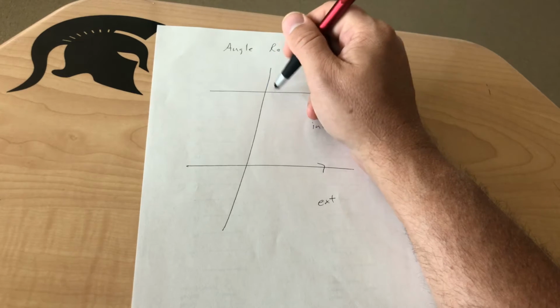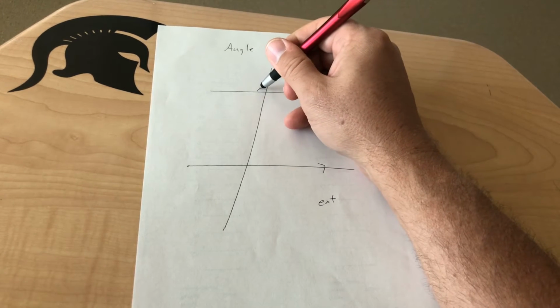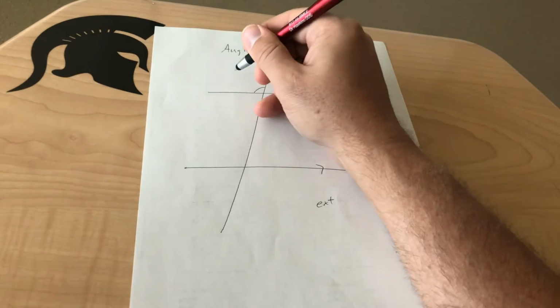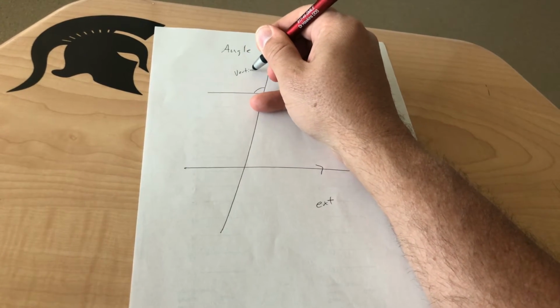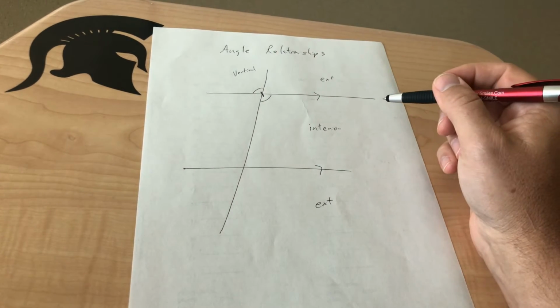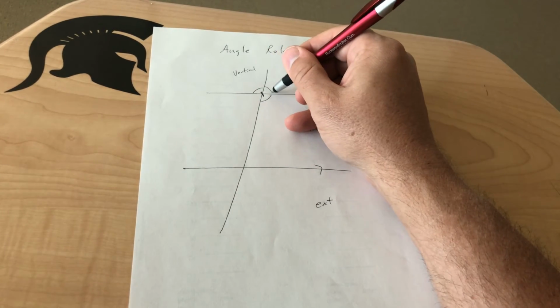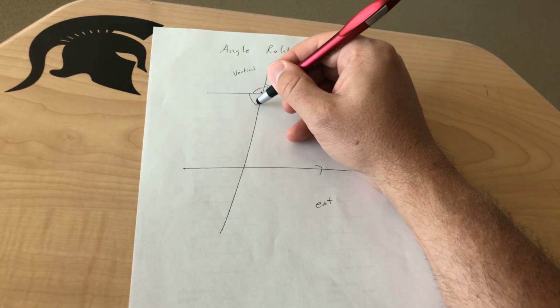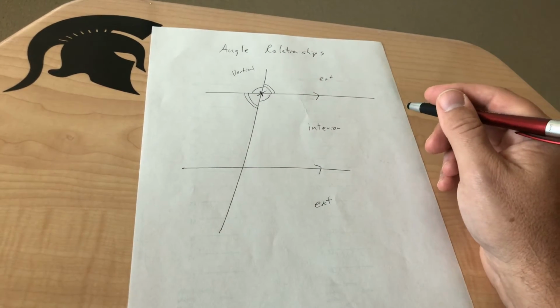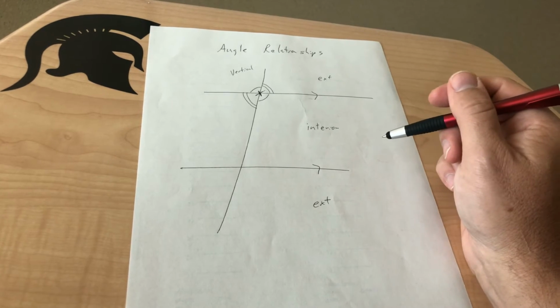When we have this, we're going to have this angle here and this angle here, and those are vertical angles. So these two angles should be congruent with one another. And similarly, if I draw two out here, these two are vertical angles, and they should also be congruent.